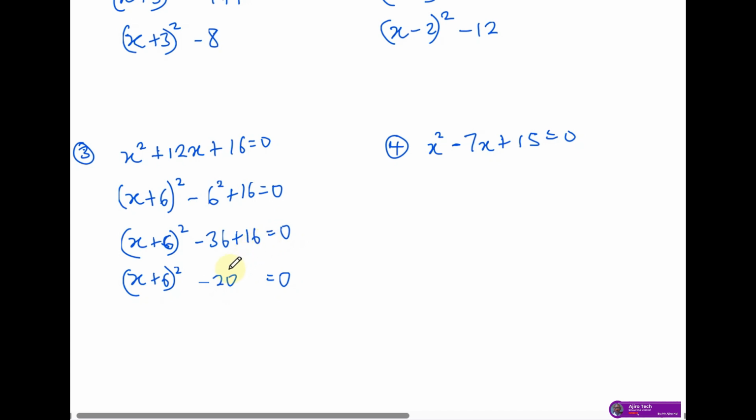Now, I can continue by taking this 20 to the other side. So x plus 6 squared, the 20 across becomes plus 20, positive 20. When I square root both sides, I'm going to have root 20, but it will be positive and or negative.